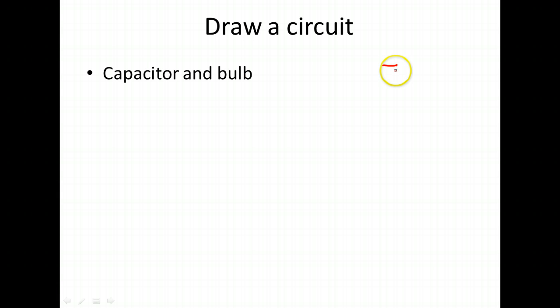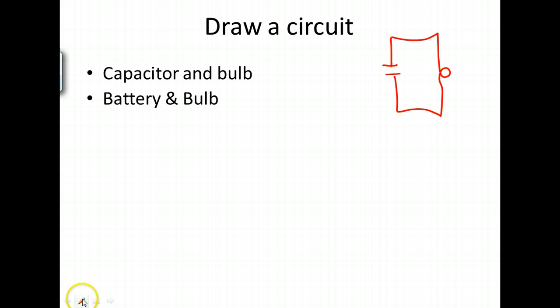Yay! Right? Kind of. Good, right? And so Gabe, you did a battery and a capacitor and a bulb, but just a capacitor and a bulb. Okay. So give me a battery and a bulb.